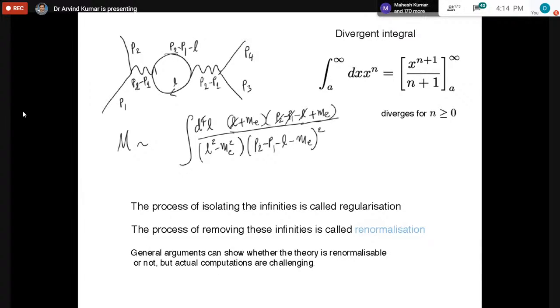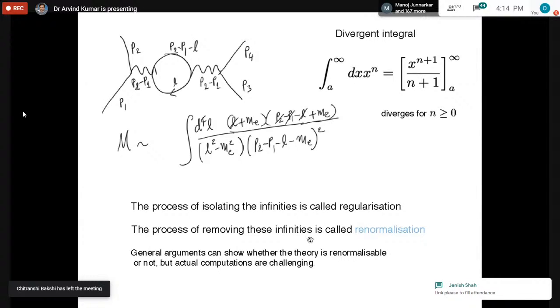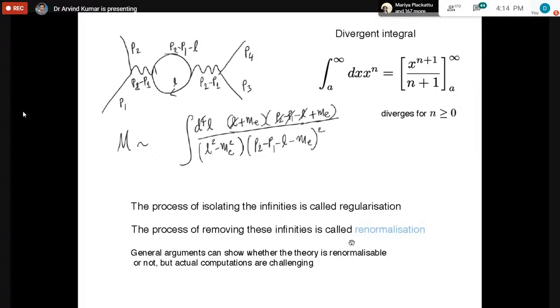and that involves this process of carefully removing these infinities from each of these diagrams. Like I said, there could be several of these diagrams, for each process, and for each of them you'll have some divergent integral. So what you do is you isolate the infinity in each of these diagrams, and that process is called regularization.